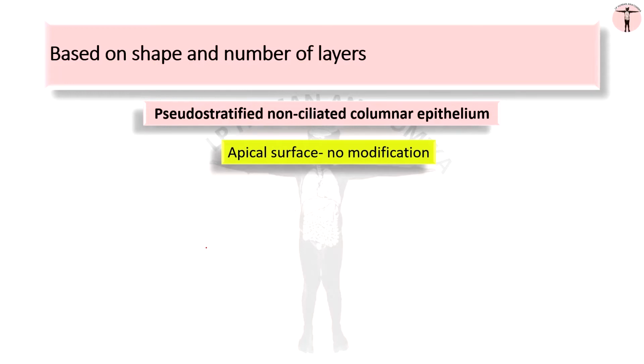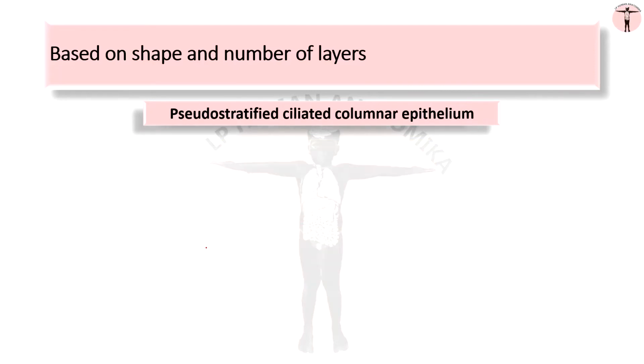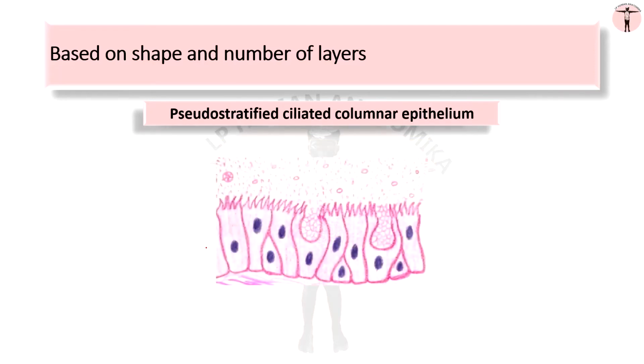It is present in the auditory tube, the ductus deferens and male urethra. In pseudostratified ciliated columnar epithelium, the apical surface of cells has cilia. The larger airways of the respiratory tract are lined by pseudostratified ciliated columnar epithelium.